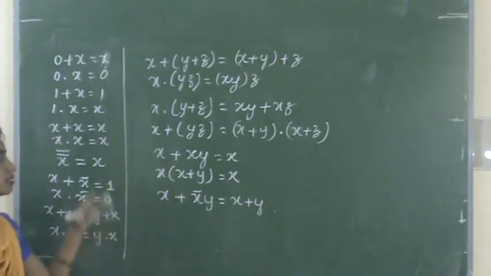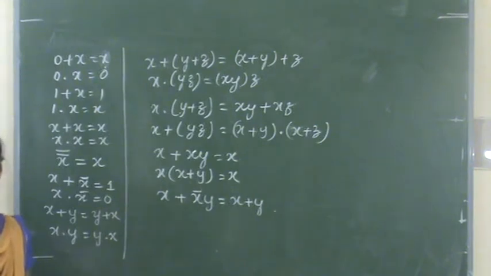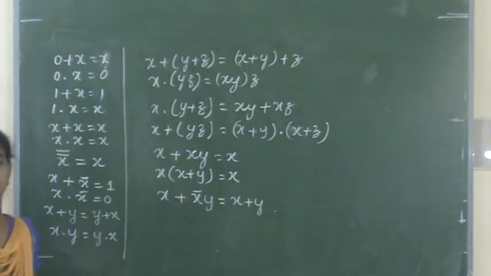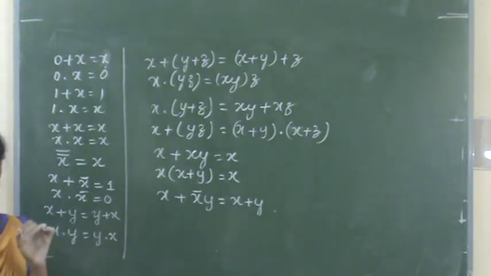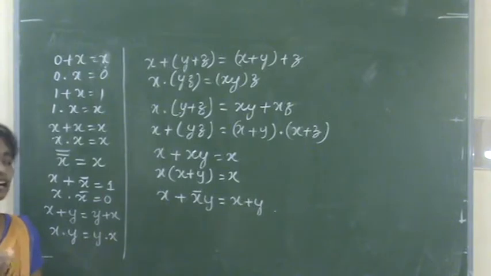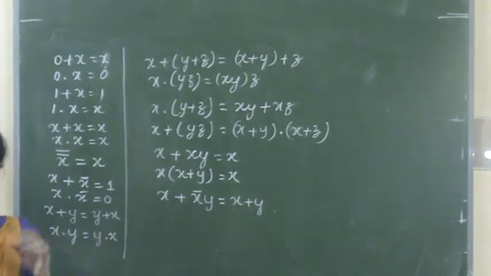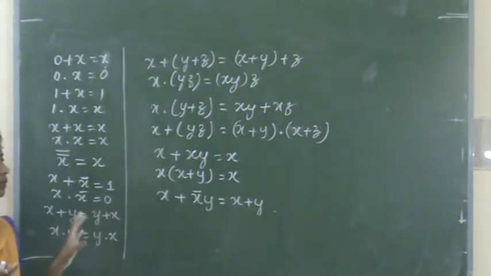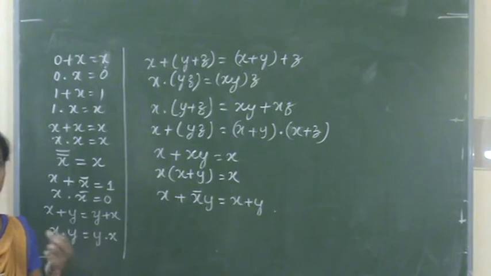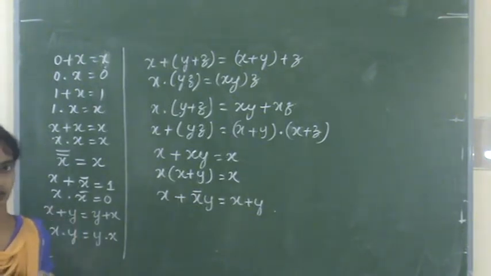We can also solve expressions with the help of the substitution method, that is, if we consider x is equal to 0 or x is equal to 1. And we can solve or prove expressions with the help of a truth table also. These are the different methods we use to solve or prove Boolean expressions.